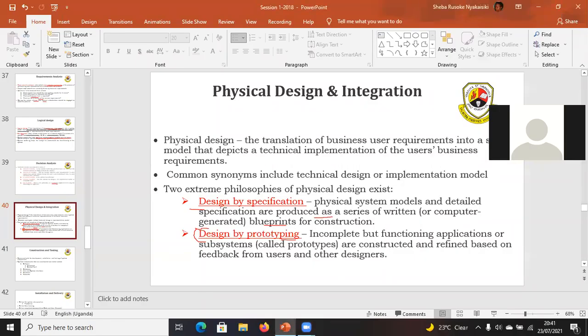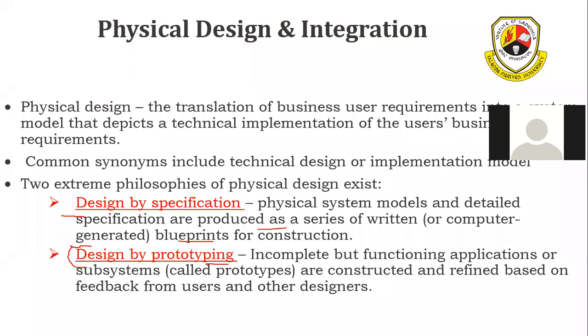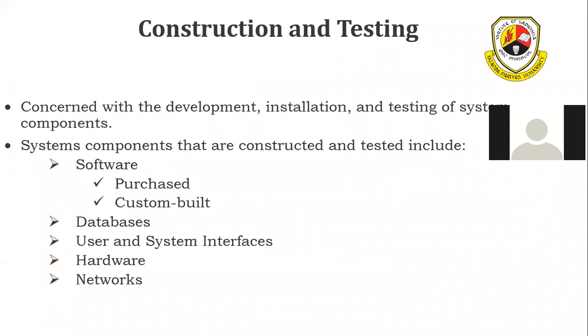Let me just share my screen. Many apologies, please. So let me just continue. We had looked at the design process and the two different philosophies you can use. Now, after implementation, whether you have purchased your software or you have customized software, you go through construction and testing.